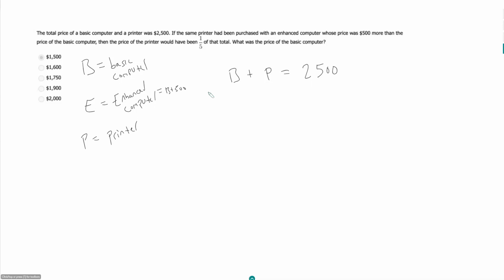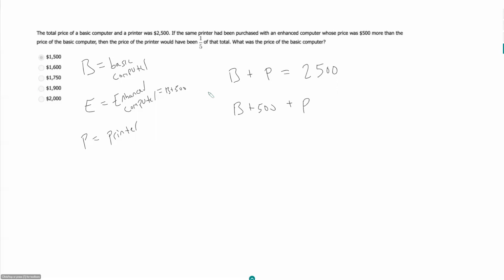So if we have B plus 500, that's our enhanced plus our printer. So this would be the second total. And so what are they saying?